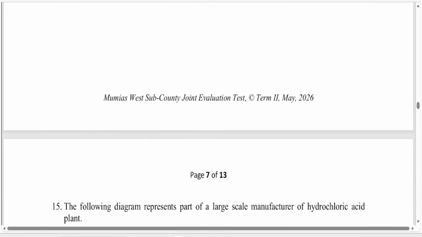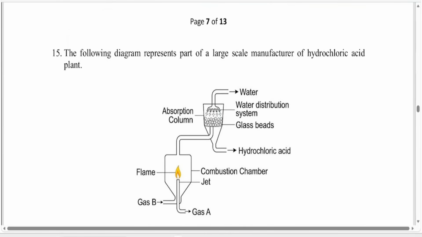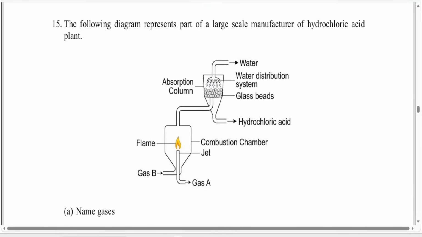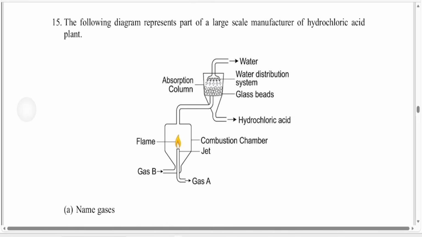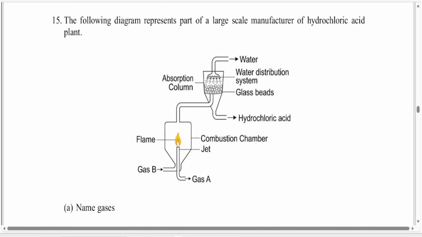Let's now move to question number 15. The following diagram represents part of a large-scale manufacture of hydrochloric acid plant. When you look at it, you can see the setup. We have a gas B passing into the combustion chamber, and a gas A, the arrow should be pointing through the jet.